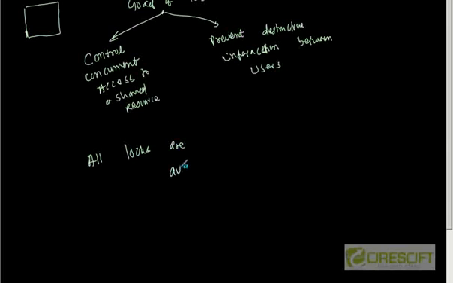All locks are automatically acquired. What that means is you do not have to lock the table yourself. Say you want to update a row: you do not have to lock it manually.